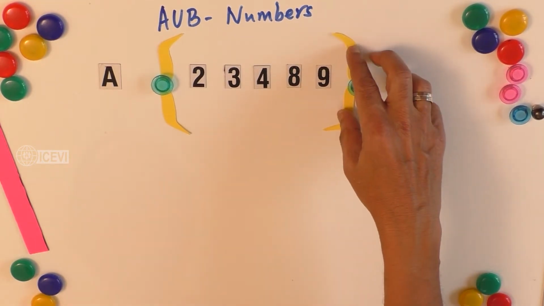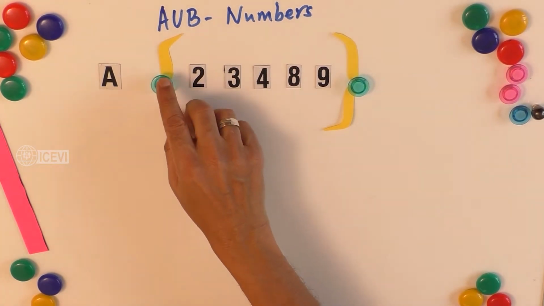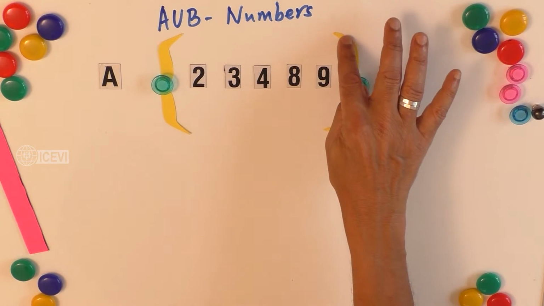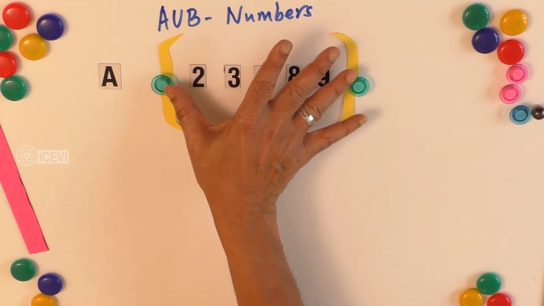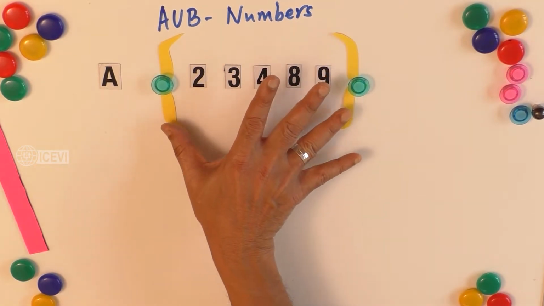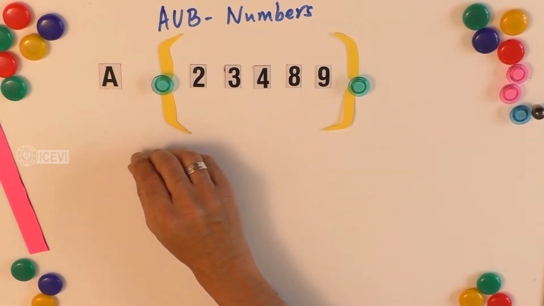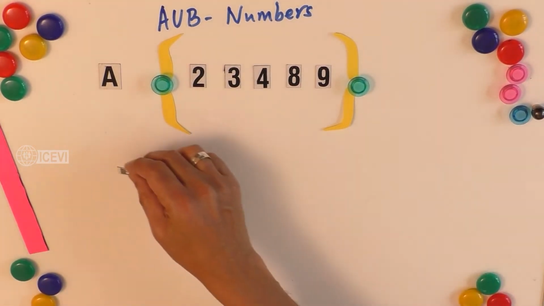You need not use these brackets every time you explain to the child. At the beginning, this will be helpful. Let the child understand how the numbers are put inside the two curly brackets, one open and another closed. Now, let us take another set B.